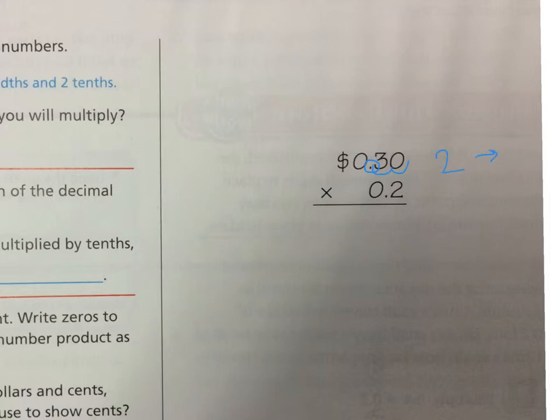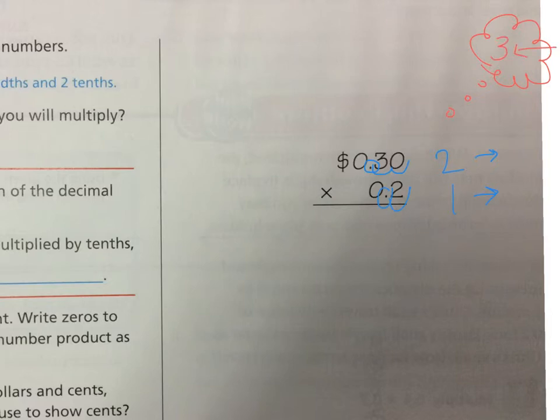Okay. And then for the 2/10, I could move the decimal point 1 to the right. Okay. So I know in my head, at the end of my problem, what do I have to do to undo it? Move the decimal places back. Move the decimal places 3 spots to the left. 3 spots to the left.